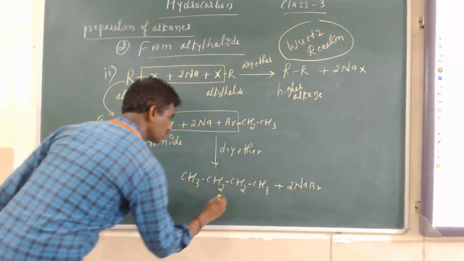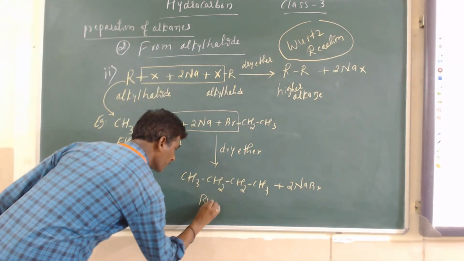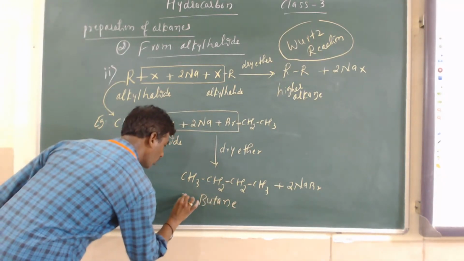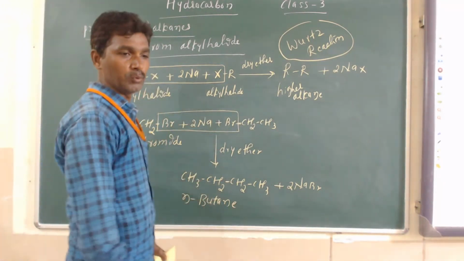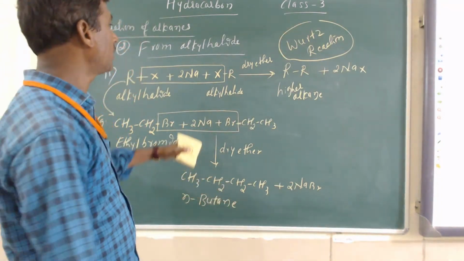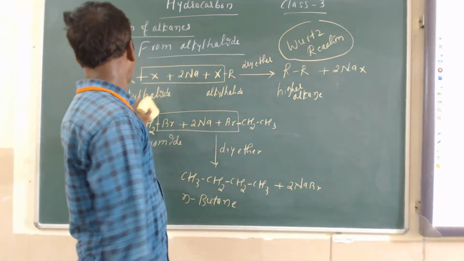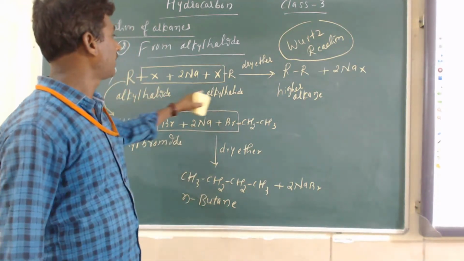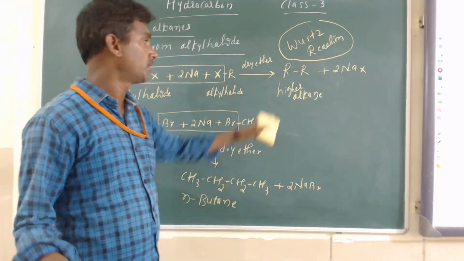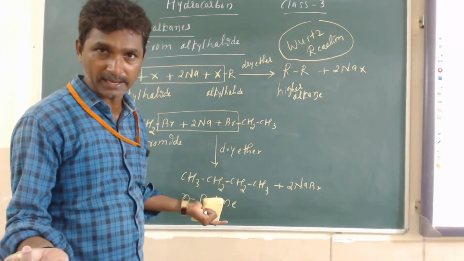The CH3CH2CH2CH3 is called butane. It is a straight chain hydrocarbon, so we can call it n-butane. In the examination or NEET, two molecules of alkyl halide on treatment with sodium metal give a higher alkane.